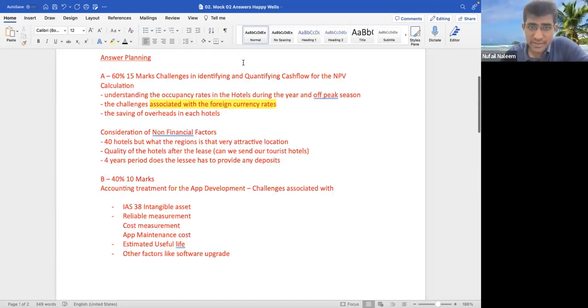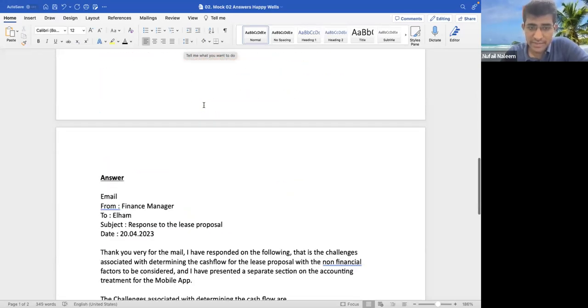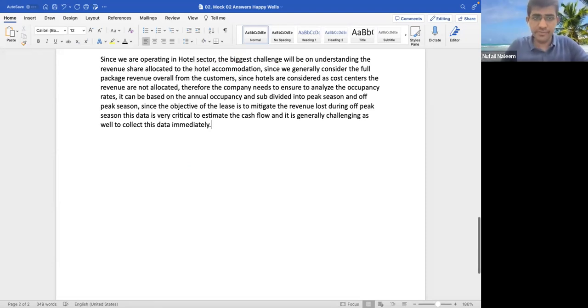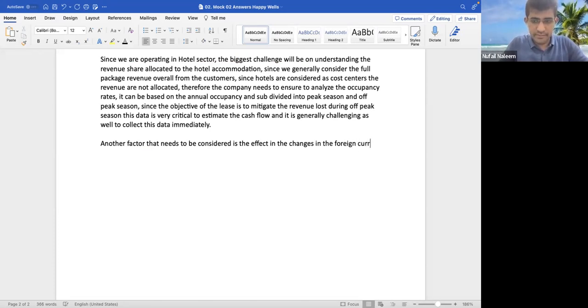So students, the next one is another issue, if I'm not mistaken. I'll write down the next one. Another factor that needs to be considered is the effects in the changes in the foreign currency translation.